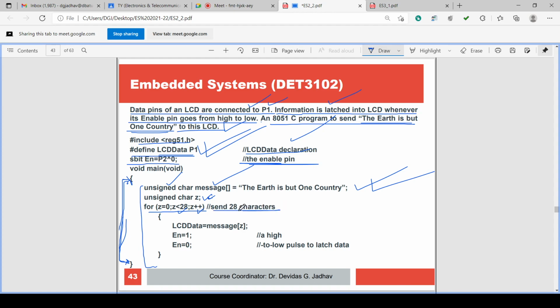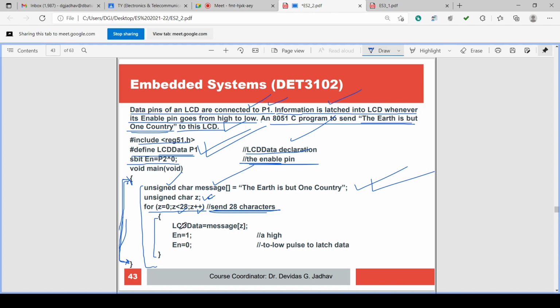This can send 28 characters, 0 to 27, total 28 characters. Because there are 16 by 2, 32 character spaces. Out of 32 we are using 28 characters. Remaining 4 will remain blank. So under the for loop there will be opening brace and closing brace.